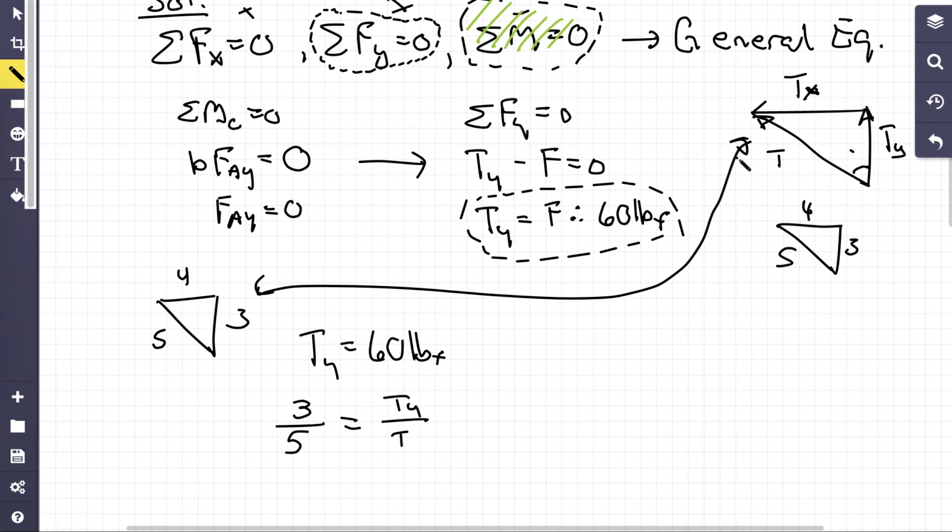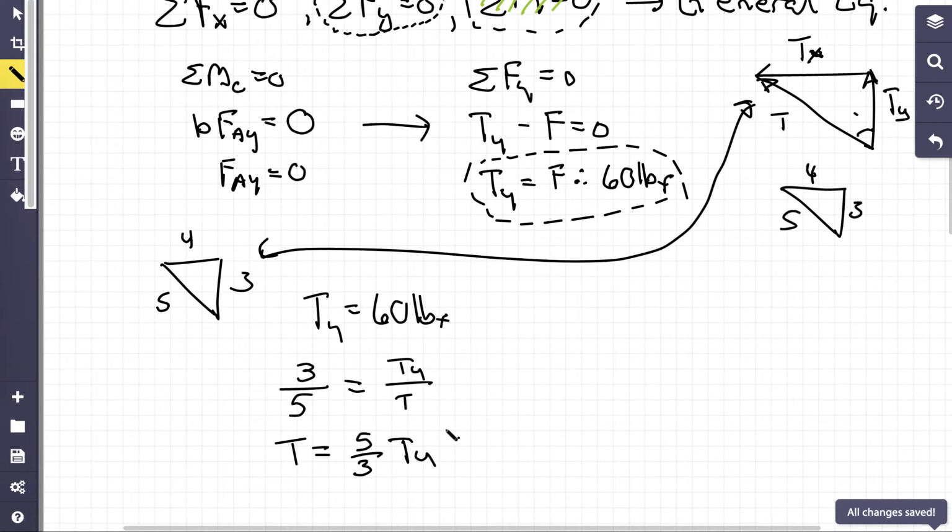If you're given the slope or you can figure out the slope, a lot of times it's easier than figuring out all the angles, because for mechanics it's just length ratios. That's all it is. So if we solve this, T is equal to 5/3 times Ty.